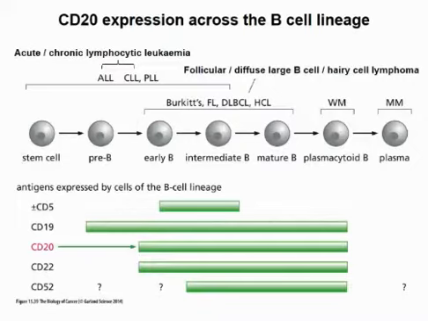And you can see that our CD20 expression starts in the early B cells and then shuts off just before we get to the antibody-producing plasma cell. But a whole bunch of these blood cancers, these leukemias, are expressing very high levels of CD20, which you might expect because they have derived from these various stages of B cell.